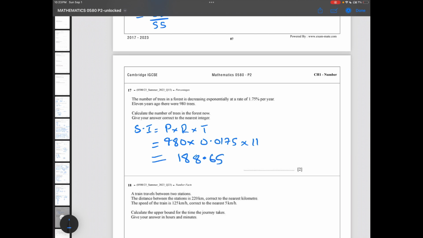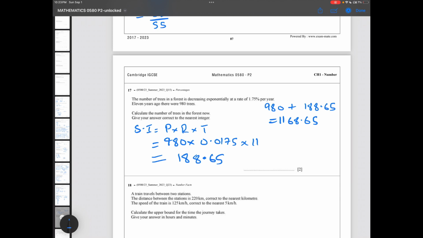This is our answer. This is our simple interest. So 11 years ago there were 980 trees and now the interest is 188.65. So the total trees now have become 980 plus 188.65, and that is equal to 1168.65.